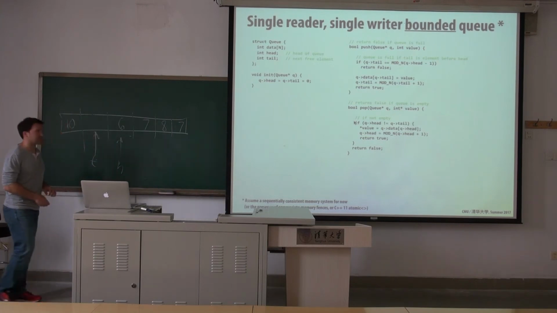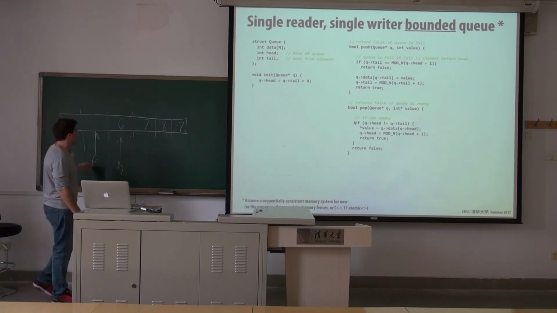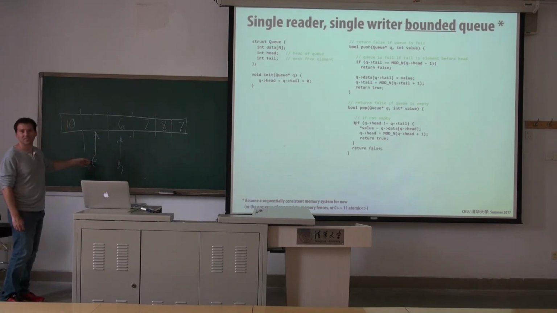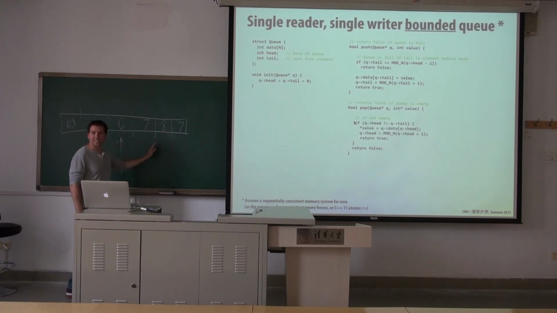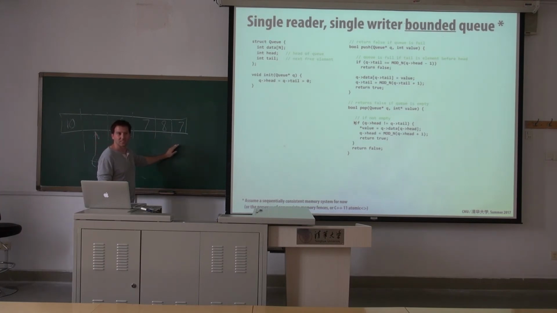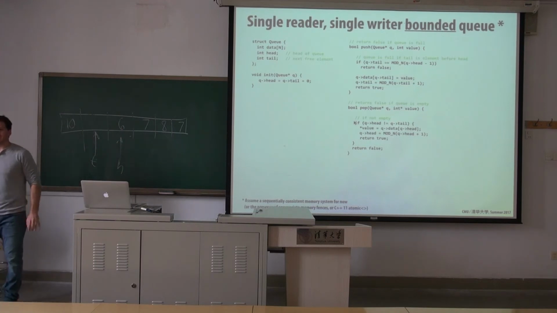So it's kind of interesting here because if one thread calls push, that thread is only changing tail. If the other thread is only calling pop, that thread is only changing head. So since the 2 threads touch different data, I don't need locks.